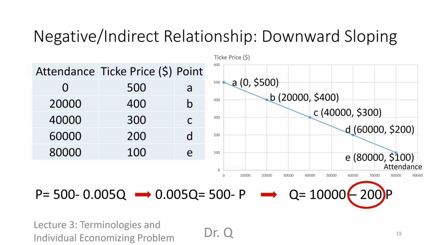It's easier to interpret the economic meaning after rearranging the equation. Graphical expression provides straightforward understanding about the relationship of a pair of variables. We'll use graphical expression intensively in future learning of principles of economics.